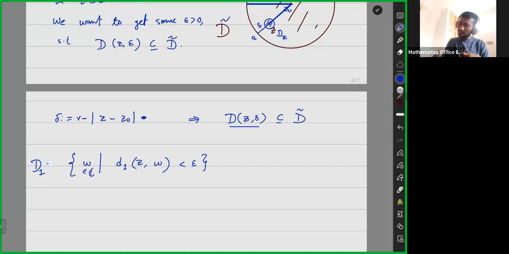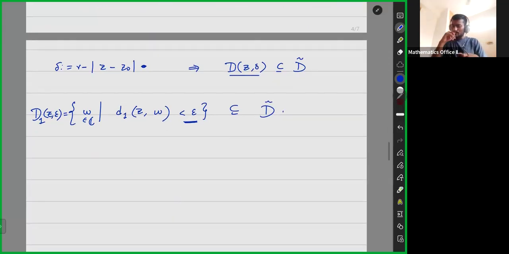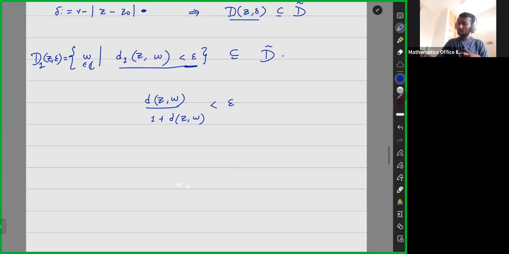The problem is on the existence of epsilon such that this is contained inside D delta. So calculate this, solve this, and get the answer. This is nothing but d(z,w) upon 1 plus d(z,w), and we need this less than epsilon.